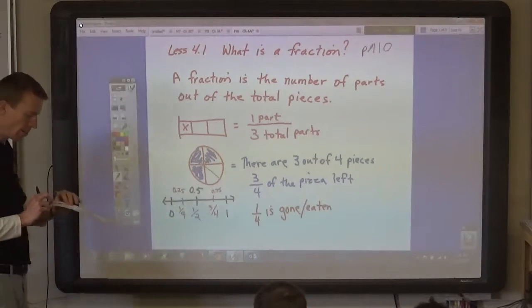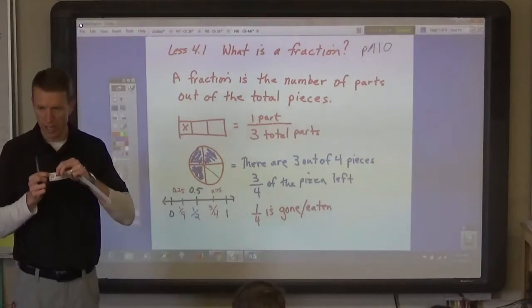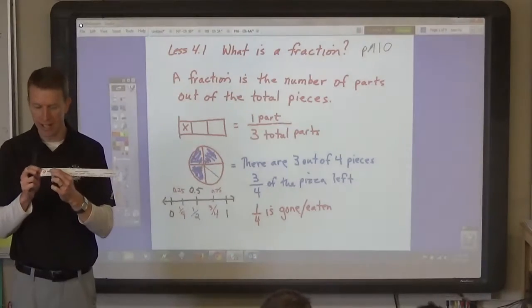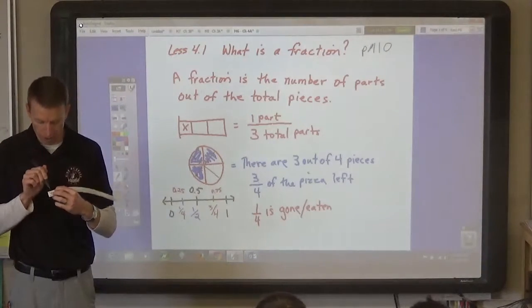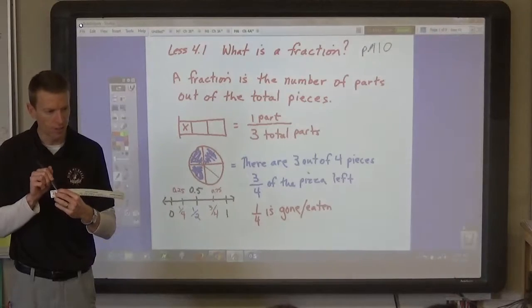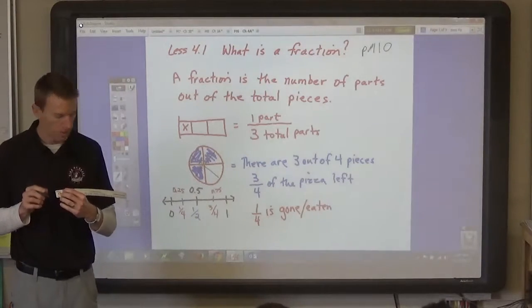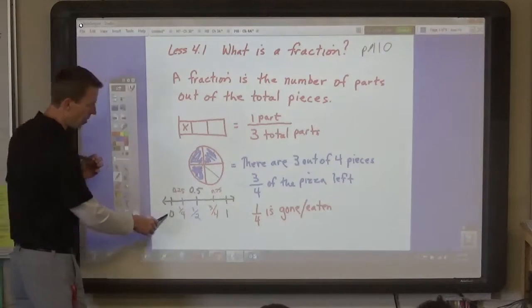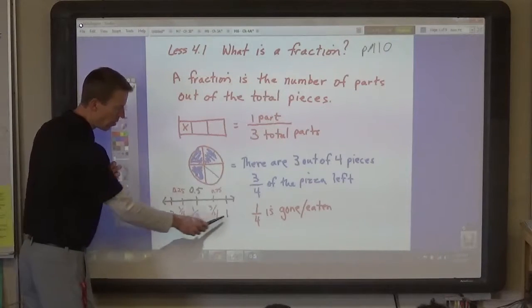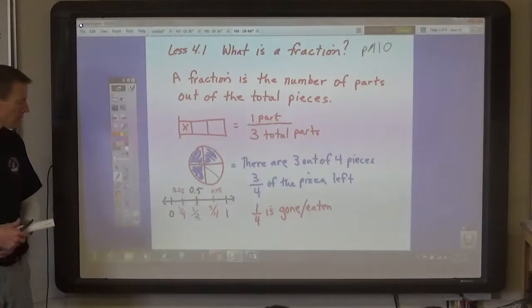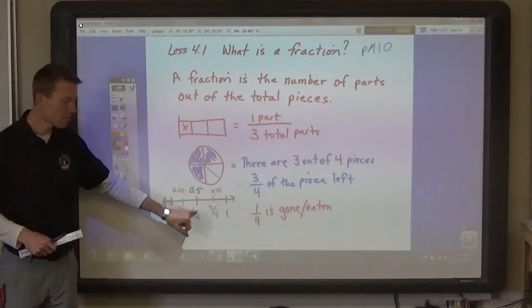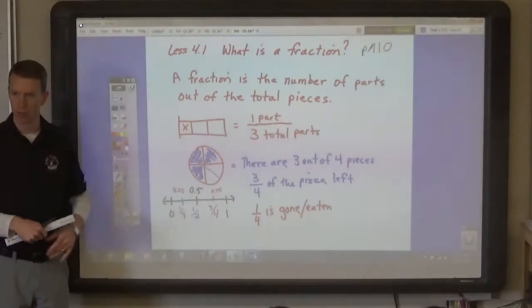When you're measuring something, between 0 and 1 inch, there are all of these marks on a ruler. If you look at this diagram, between 0 and 1, it shows you the parts of an inch that are marked on a ruler.